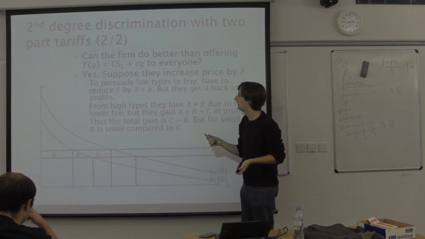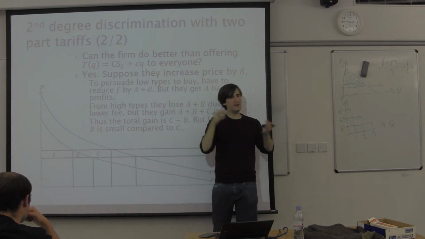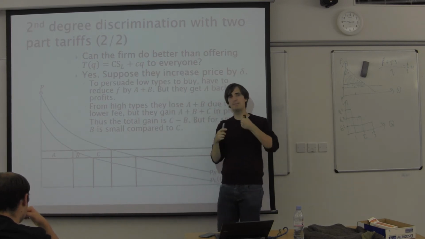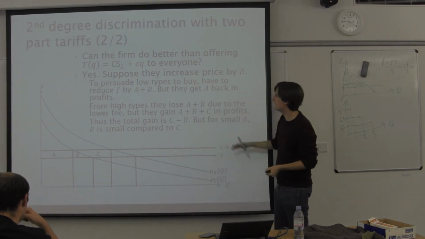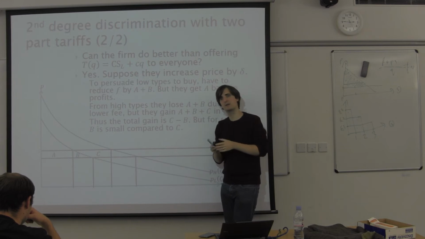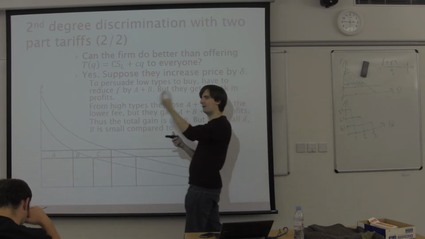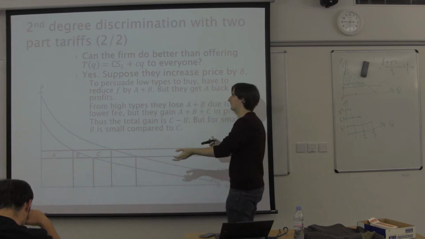And what we were doing is, this firm is selling to both high value and low value consumers. We were seeing if they can benefit by just slightly increasing their price. So this is going to have two effects on their profits. Firstly, an effect on their profits from selling to the low value consumers, and also an effect on their profits from selling to the high value consumers.